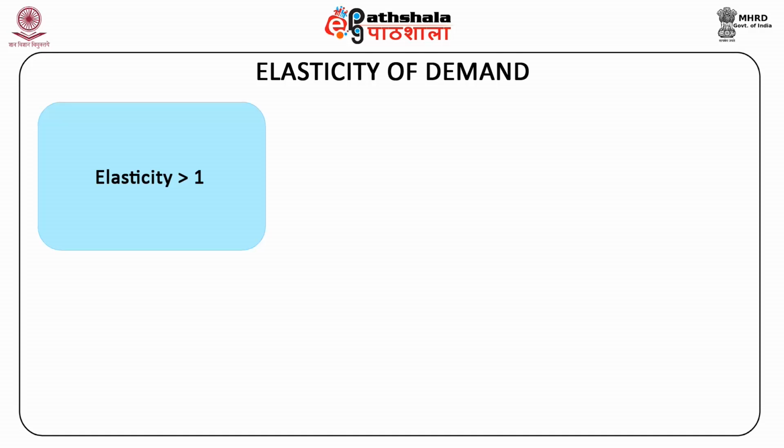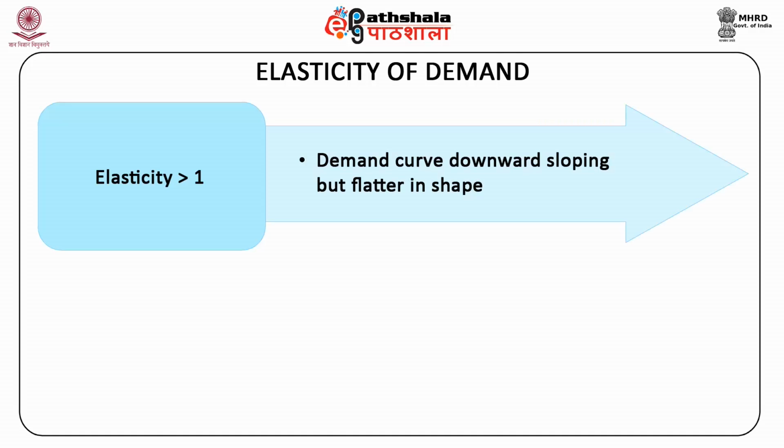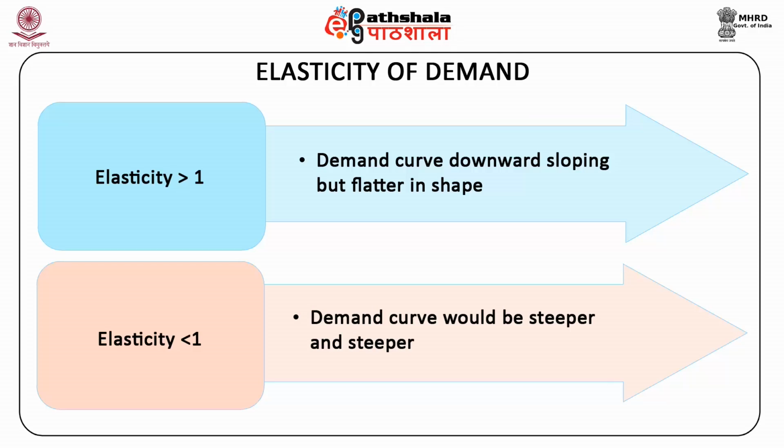In such a case, the demand curve will be downward sloping but flatter in shape. On the other hand, if elasticity is less than 1, then this is known as less than unit elastic, and in such a case, the demand curve would be steeper and downward sloping as it represents a lesser change in the quantity demanded relative to a change in the price.